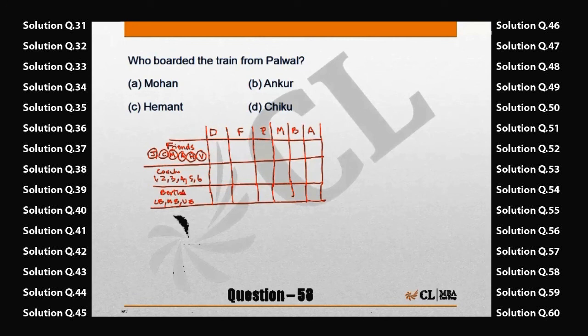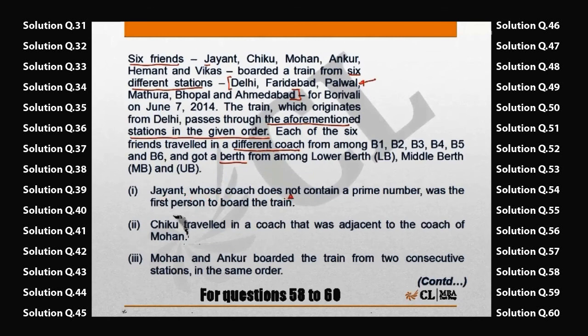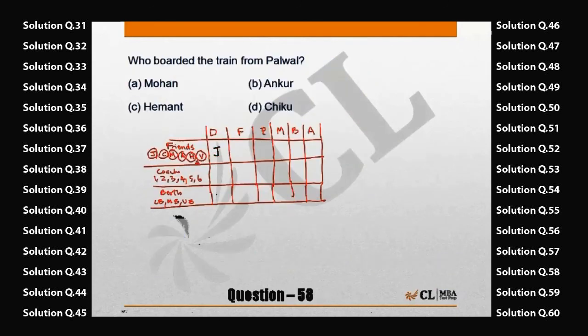So let's look at the conditions. Jayant, whose coach does not contain a prime number, was the first person to board the train. So it has to be either 1, 4 or 6. That's Jayant.